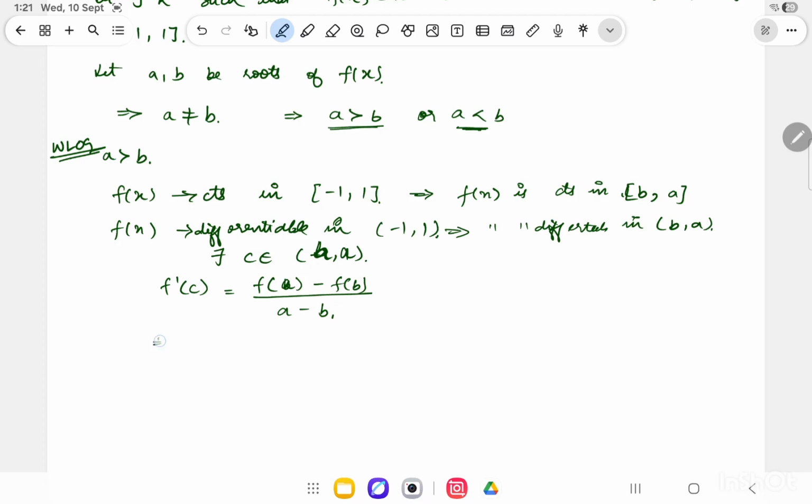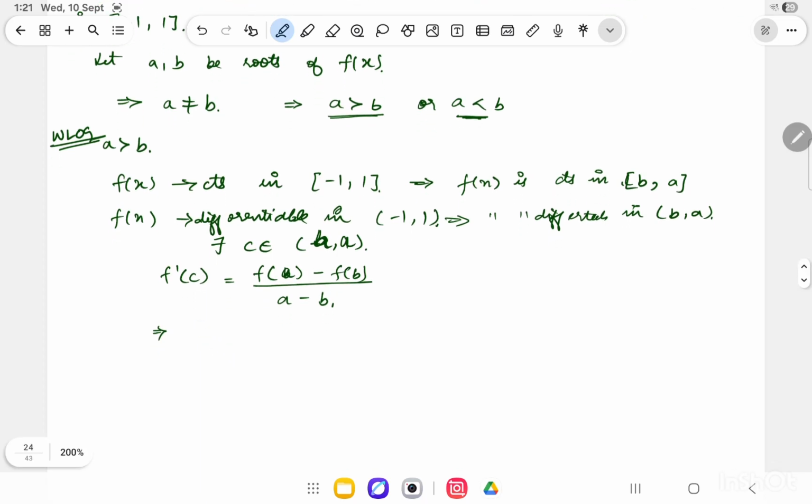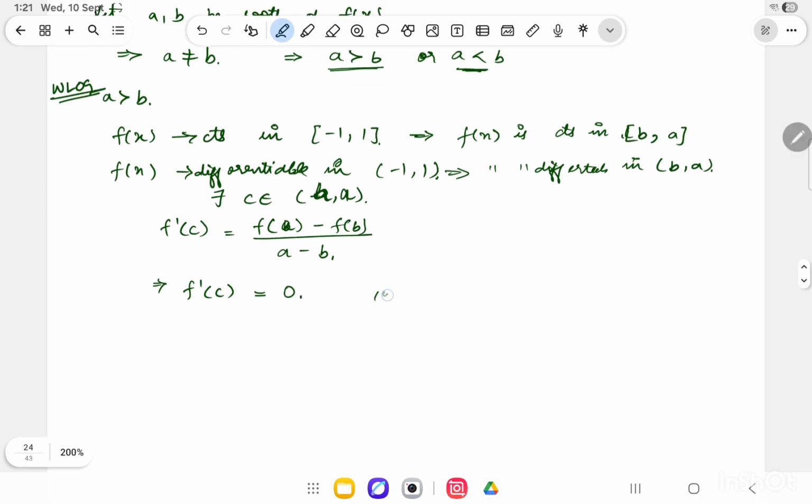But we have assumed that a and b are roots of f(x), so f(a) and f(b) must be 0. So from here I got f'(c) must be equal to 0, where c belongs to (b, a). Now my function f(x) is x^3 - 3x + k.